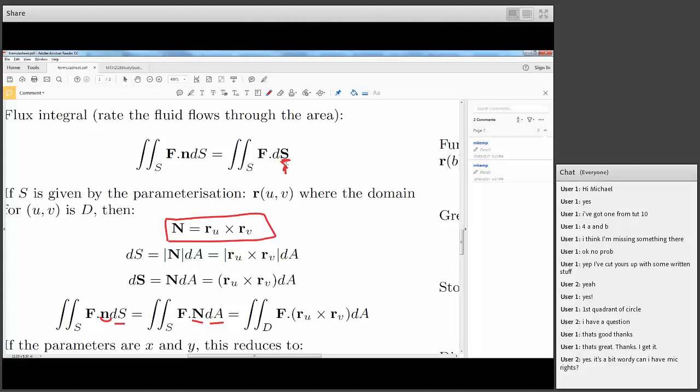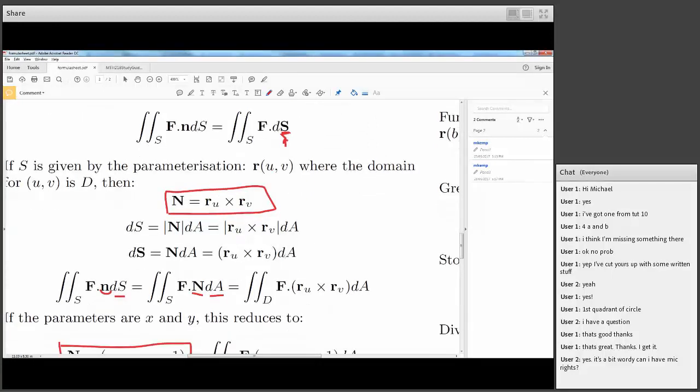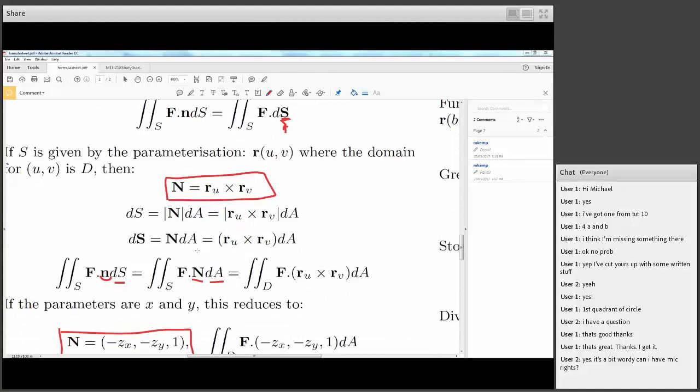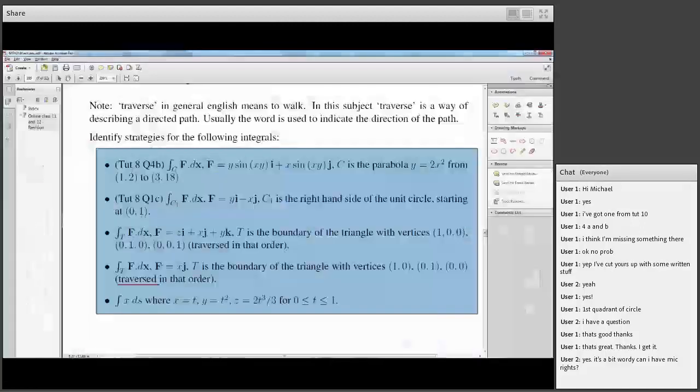So if I change the S's for bold A, and then dA with bold A, and the unit normal vector with a standard dA, that would be the same thing, right? Because then I'm just changing the S's for A's, one bold and the other not. Yeah, so that's true. It's still about working out what the region of integration is.